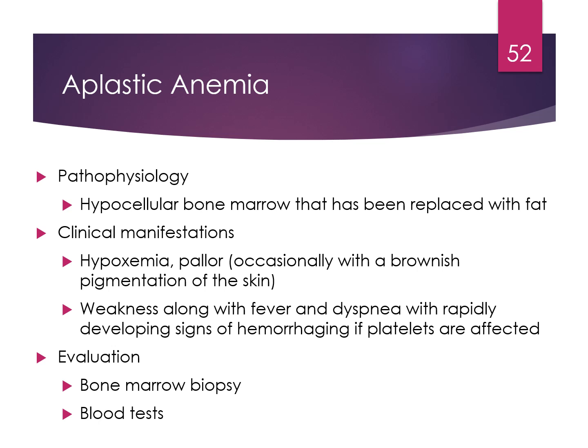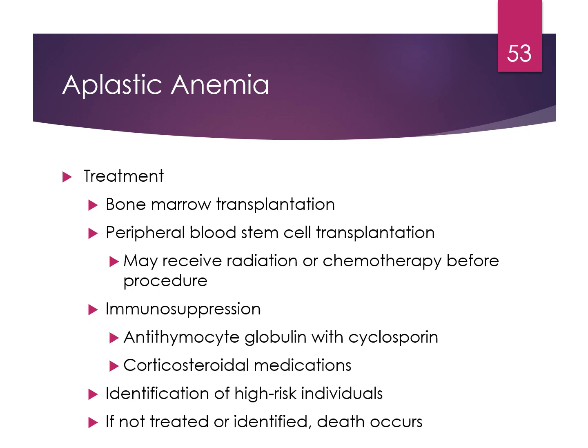How do we evaluate these patients? These patients are evaluated by hematology, and normally it's bone marrow biopsies and blood tests. Treatment for aplastic anemia is usually bone marrow transplant. You can even get peripheral blood stem cell transplantation.